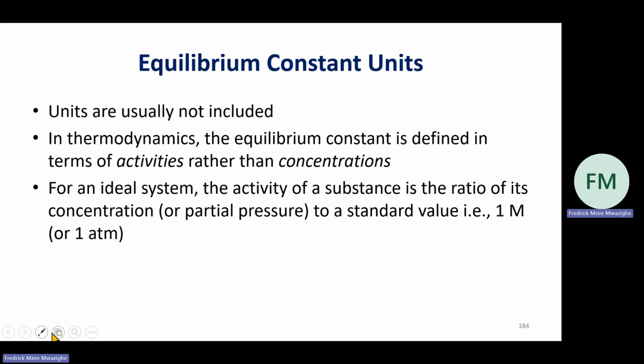So for example, if you're talking about the concentration of a particular species A, given as maybe 0.1 molar, what you use in the equilibrium constant expression is going to be 0.1 molar divided by 1 molar.